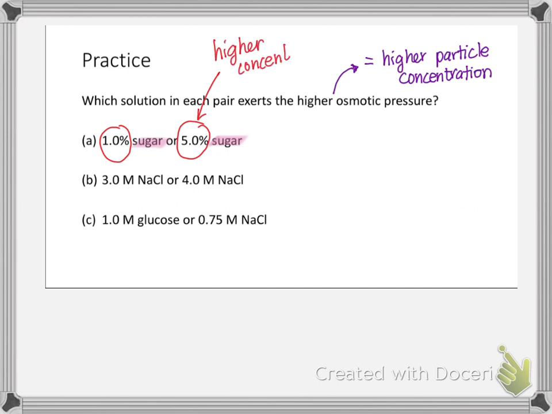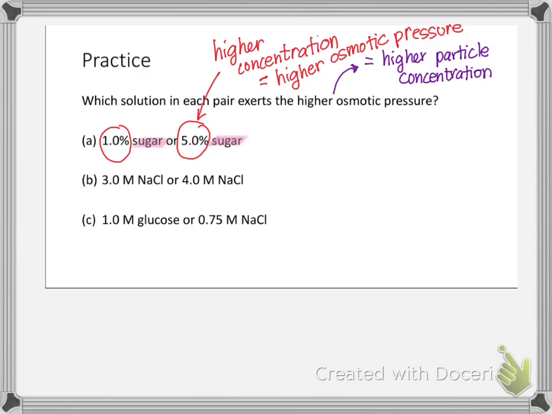It doesn't matter if it's percent concentration or molarity, as long as they're both the same. You could not compare molarity and percent concentration. We won't have that, but you couldn't. The concentrations have to be the same.